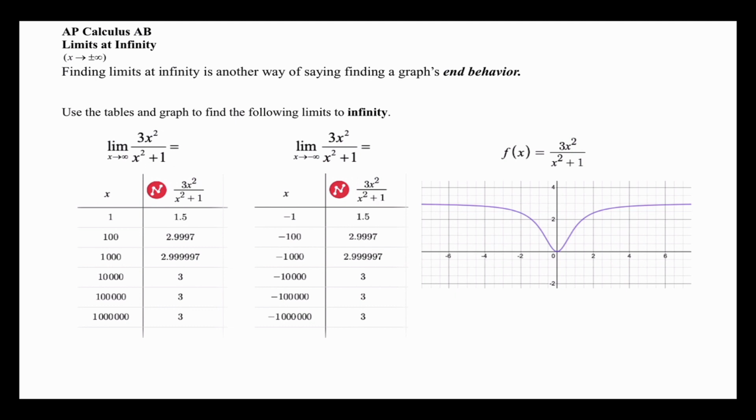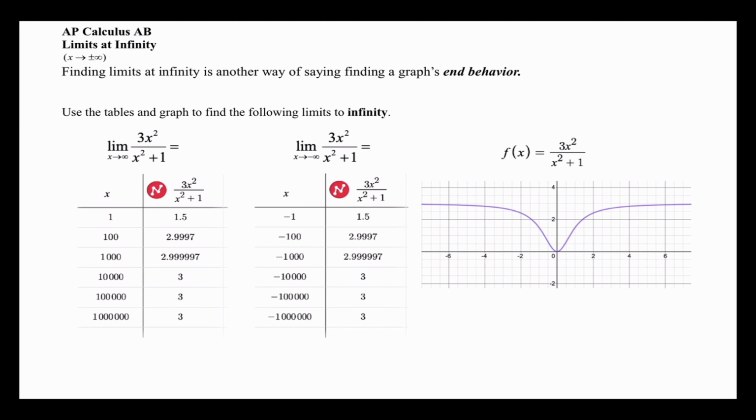Okay, so I have a function here. All three are the same. 3x squared over x squared plus 1. I did two tables and the actual graph, just to give you a visual of what we're doing. So we need to find the limit as x approaches infinity. Well, what's always the first thing we should try when we're trying to do a limit problem?